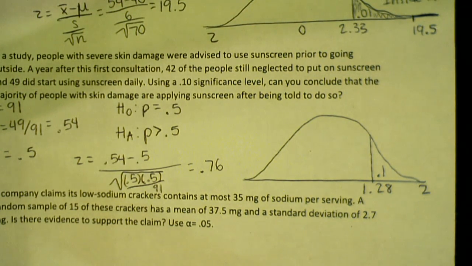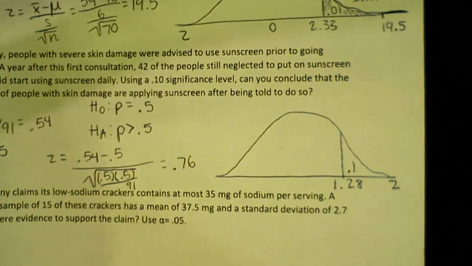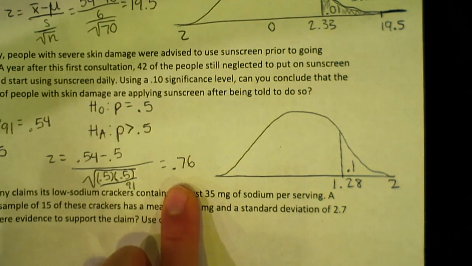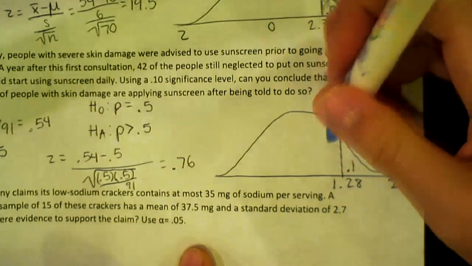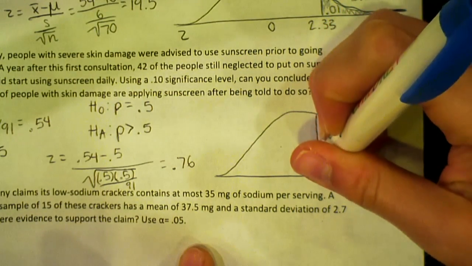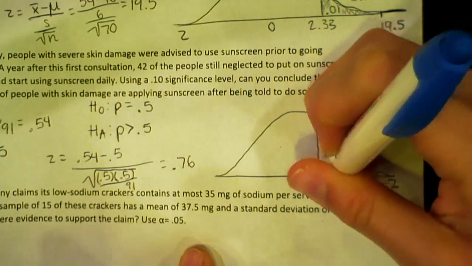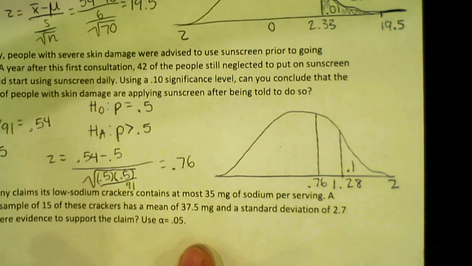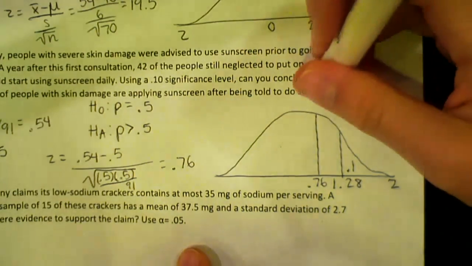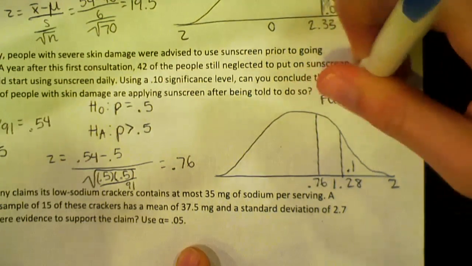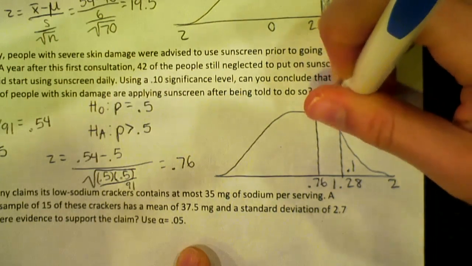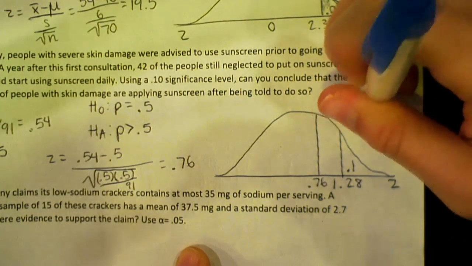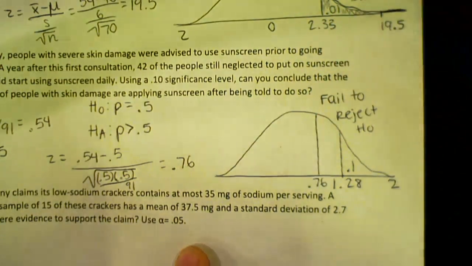Okay. And then we found that our z-score is 0.76, so it would be somewhere over here, right? Fail to reject. Right?